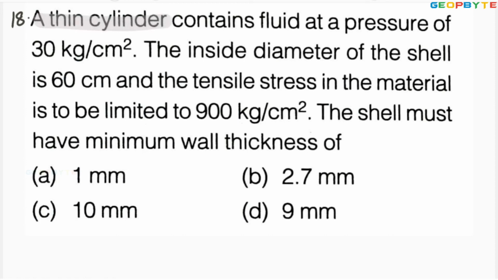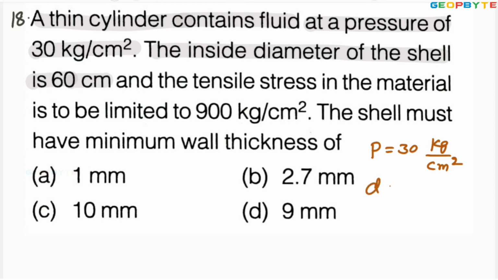A thin cylinder contains fluid at a pressure of 30 kg per cm square. The inside diameter of the shell is 60 centimeters.